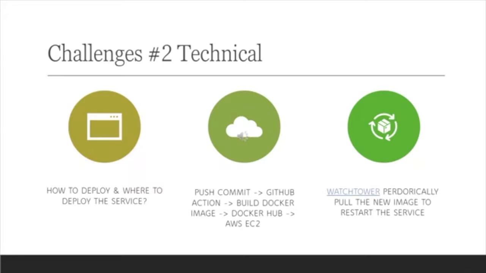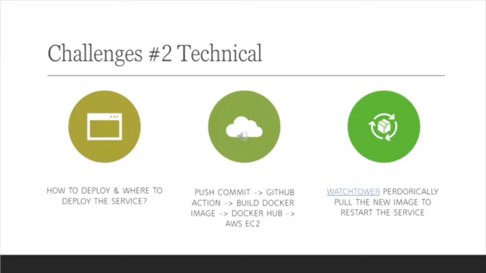There are mainly two gaps. First, where to build the image. You can do it on your local machine, but it consumes a lot of computation, and it also requires network access. And the second gap is how the host gets updated with the Docker image.